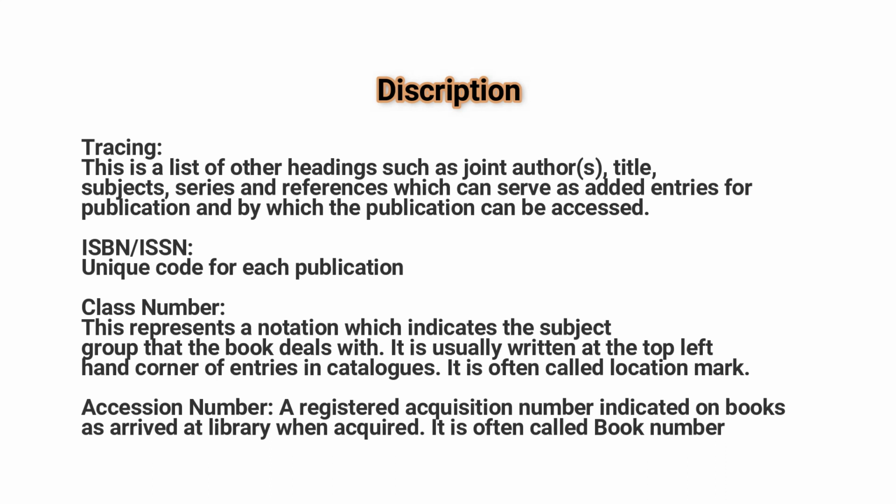This represents a notation which indicates the subject group that the book deals with. It is usually written at the top left-hand corner of entries in the catalog. It is often called location mark. Accession number. A registered acquisition number indicated on books as they arrive at the library when acquired. It is often called book number.